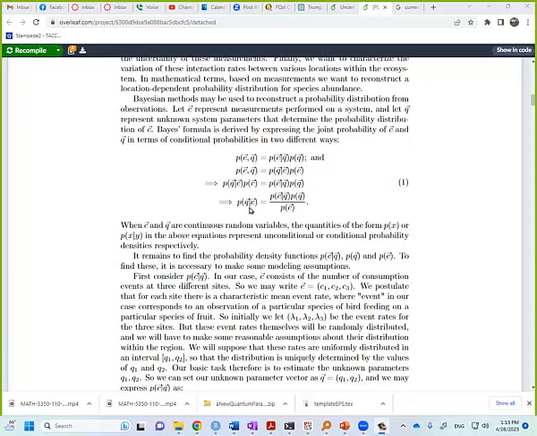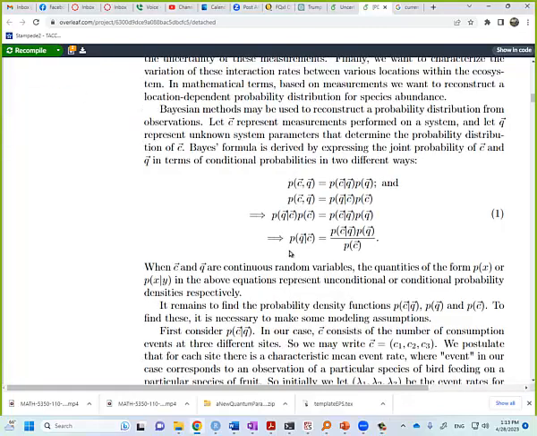We want to get Q from C. This formula will help me get Q from C. That is the Bayes formula.